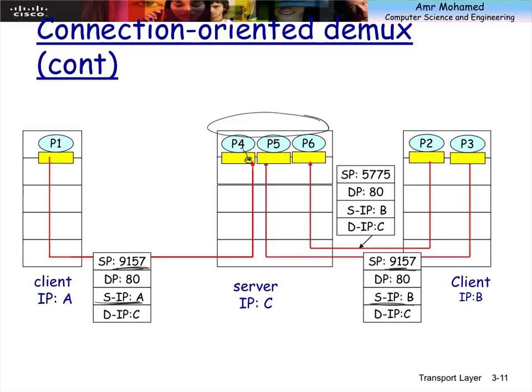What I'm trying to say is that these 4 pieces of information identify the socket buffer. If any of them changes, any of them, okay, then we have to create a new socket buffer. For this particular example, of course, they are coming from 2 different IP addresses. The example that I just explained to you is the extreme.